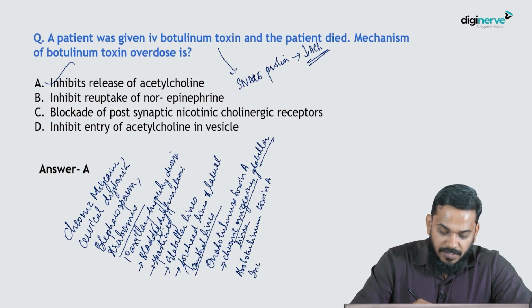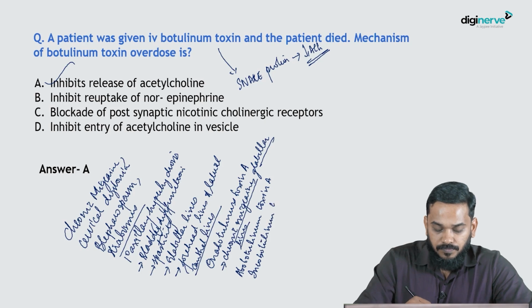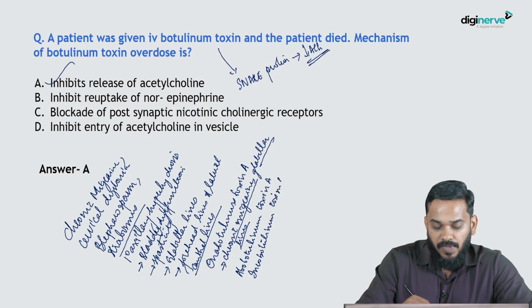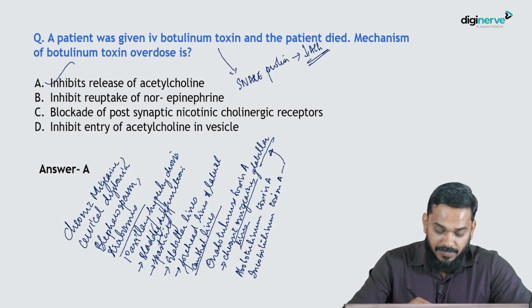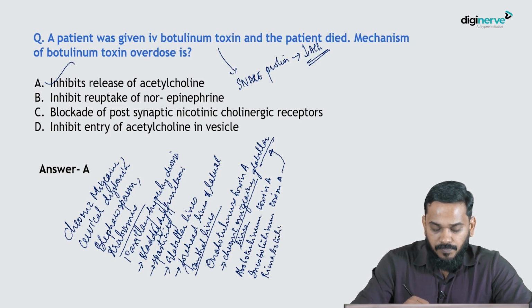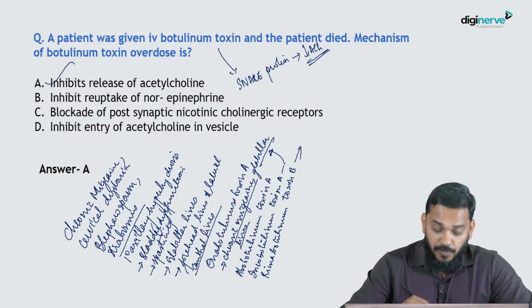Another preparation is incobotulinum toxin A. It is used only for the treatment of glabellar lines. Another preparation is rimabotulinum toxin B. It is used for the treatment of sialorrhea.